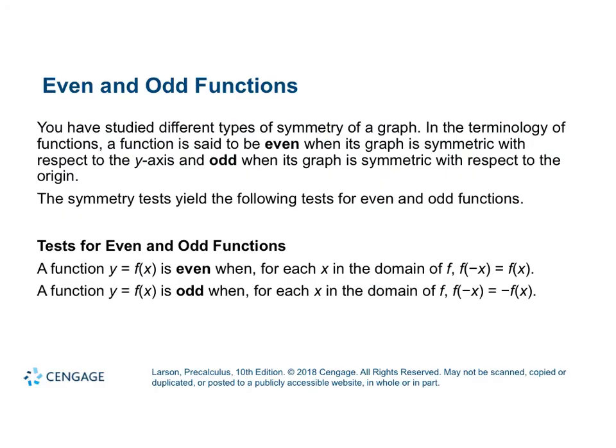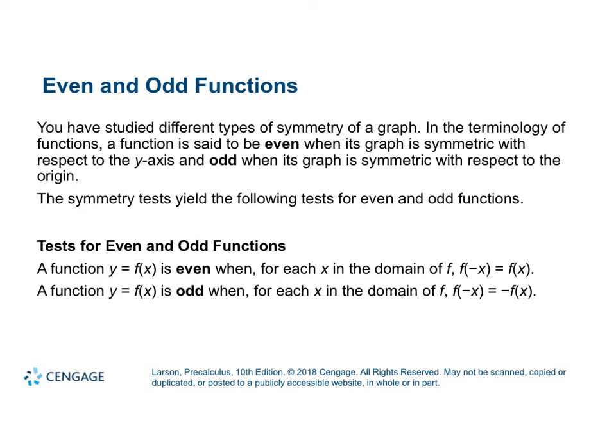Okay, next we have even and odd functions. A function is said to be even when its graph is symmetric with respect to the y-axis, and a function is odd when its graph is symmetric with respect to the origin. So the symmetry test yields the following tests for even and odd functions.